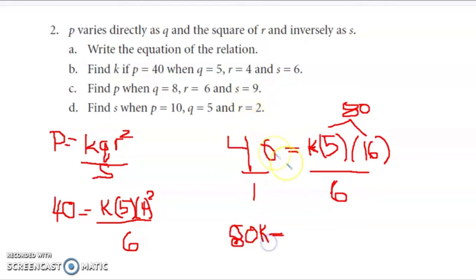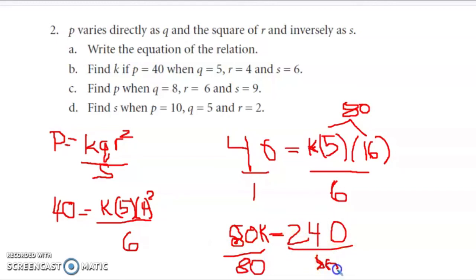80K is equal to 40 times 6. What is 40 times 6? That is 240. Okay, dividing both sides now by 80 so that K will be isolated. 240 divided by 80 is equal to 3. So K is equal to 3.